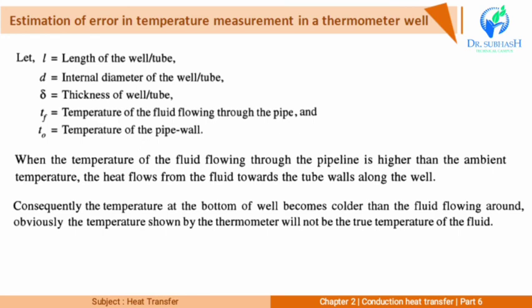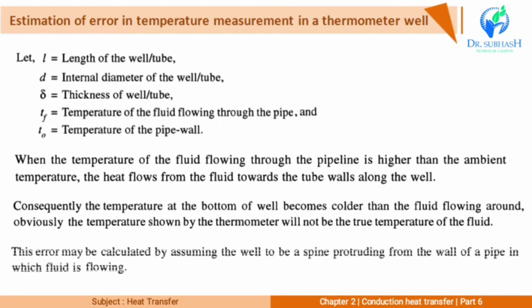When the temperature of the fluid flowing through a pipeline is higher than the ambient temperature, heat flows from the fluid towards the tube well along the well. Consequently, the temperature at the bottom of well becomes colder than the fluid flowing around. Obviously, the temperature shown by the thermometer well will not be the true temperature of the fluid.